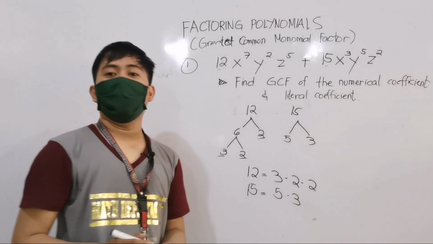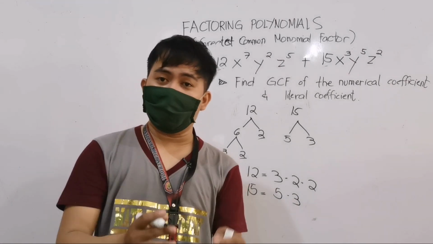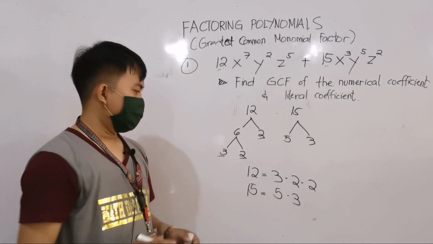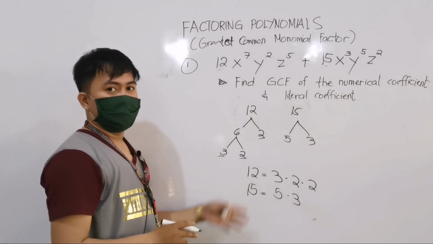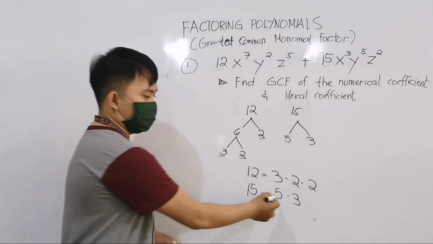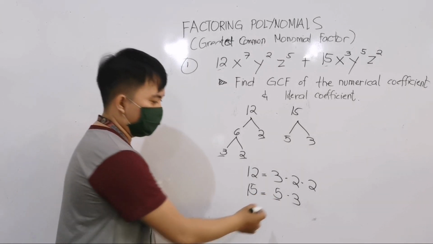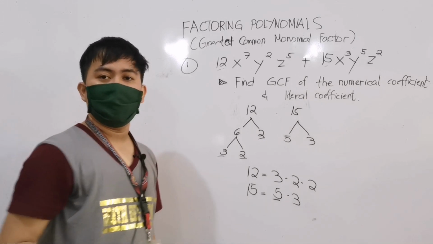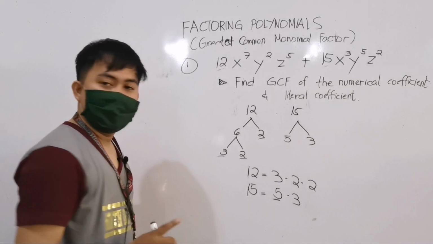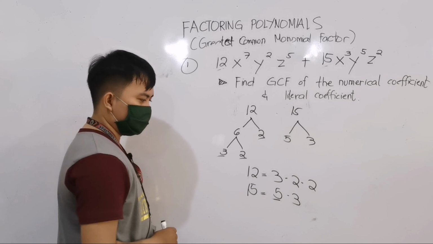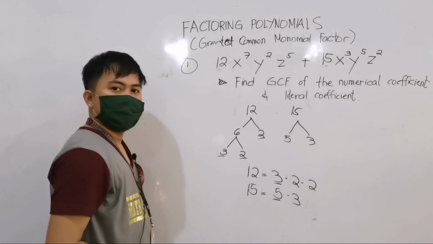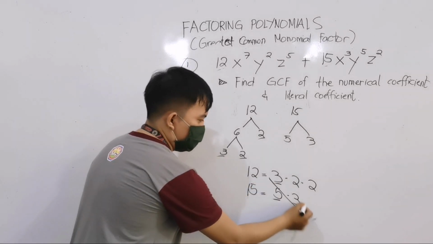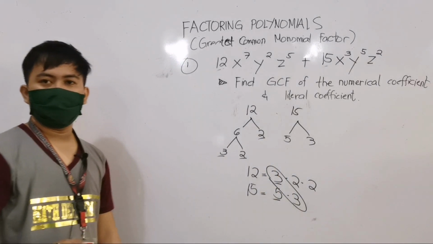Ngayon, identify what are the common factors or what is the common factor. Is 5 common between the two numbers? Wala po. Ibig sabihin, 5 is not a common factor. How about 3? Okay. Good. Pareho po silang 3.